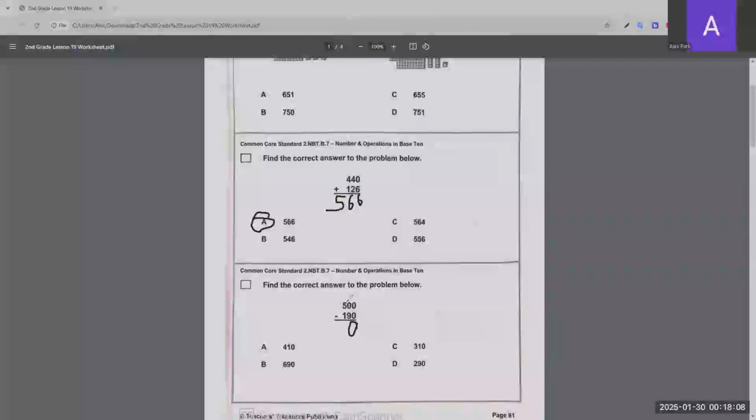So we have to take 100 from the 5. And then now this becomes 400. And then this 0 now becomes 10 tens. So this becomes 10. Now we do 10 minus 9, which is 1. And then 4 minus 1, which is 3. So the correct answer to this problem is C.